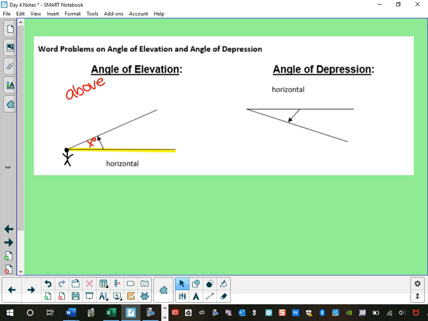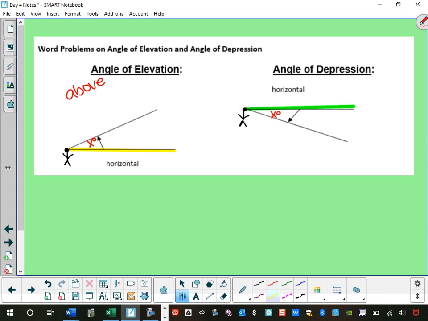Alright, let's say that we're standing on a mountain or something. That's us. And here's my line of sight, right? If I look straight out, that's my line of sight. If I had an angle degree, would that be above or below my line of sight?